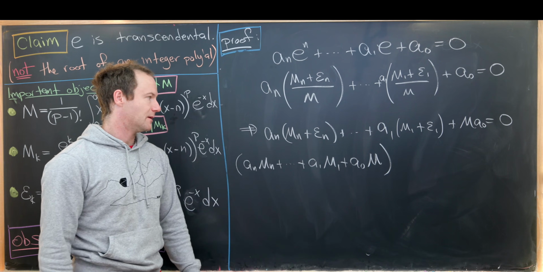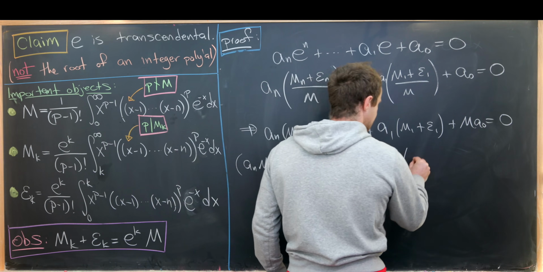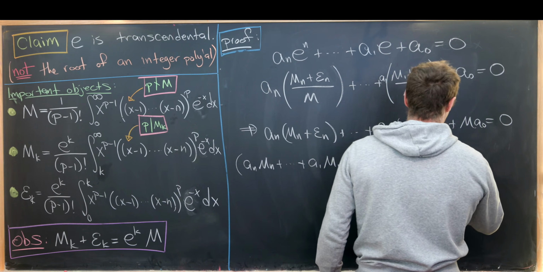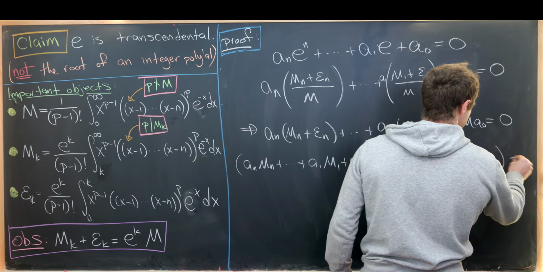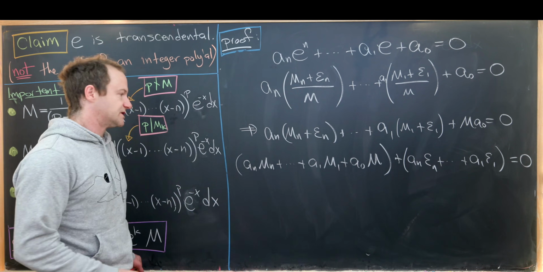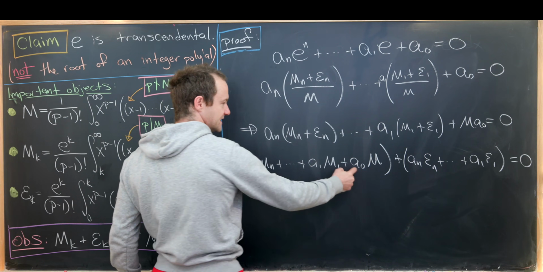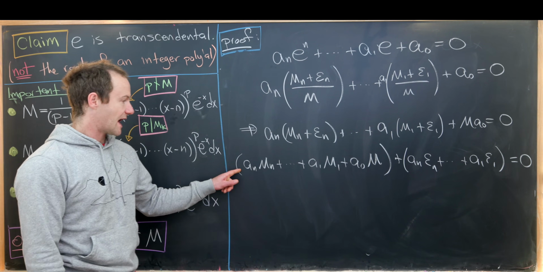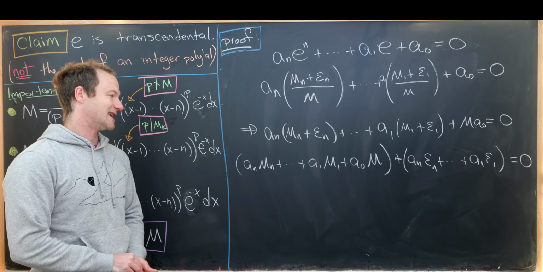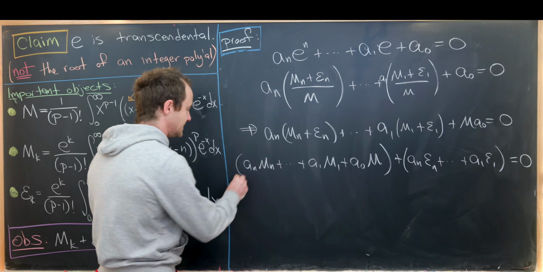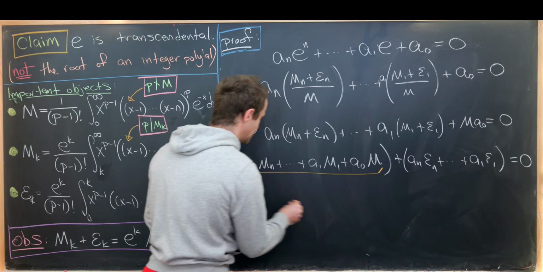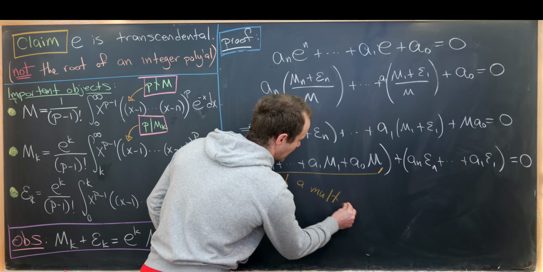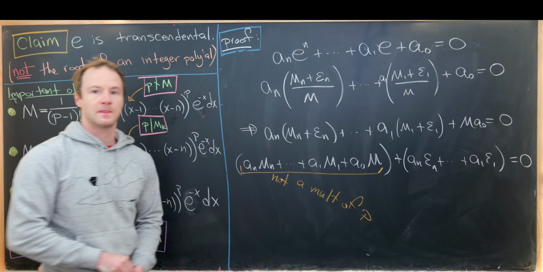Again, that's all the m parts. And then we'll have plus a_n epsilon n plus all the way down to a1 epsilon 1. That's equal to 0. So next up, let's recall that this guy right here is not a multiple of p, whereas this guy right here is a multiple of p. So that means if we add them together, these are not a multiple of p.